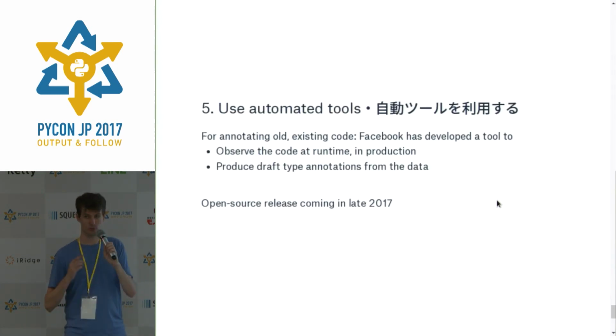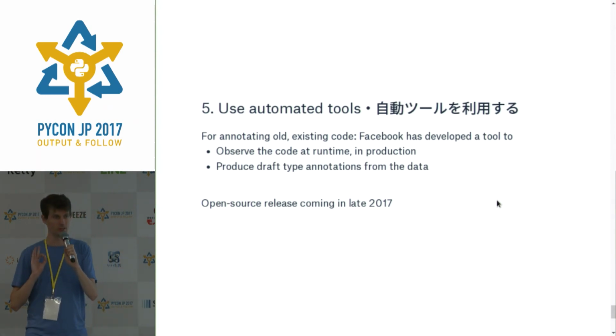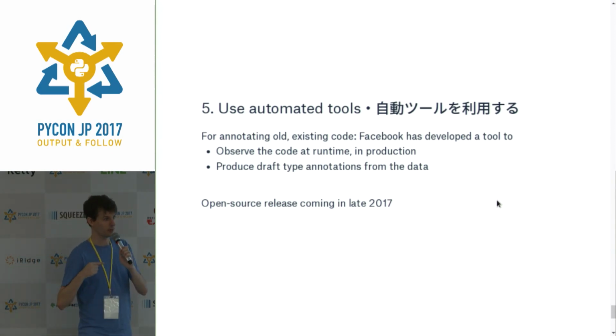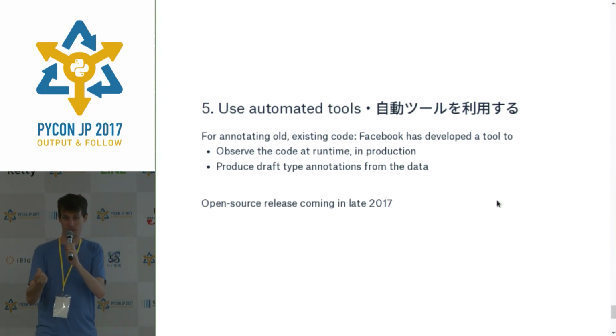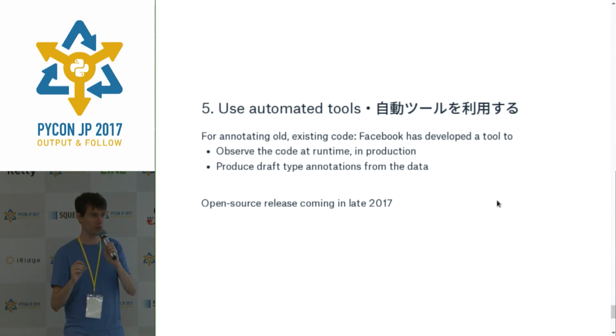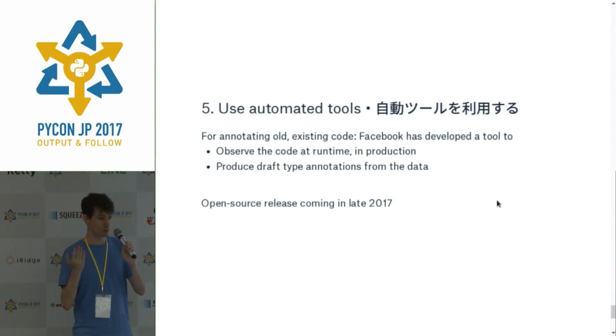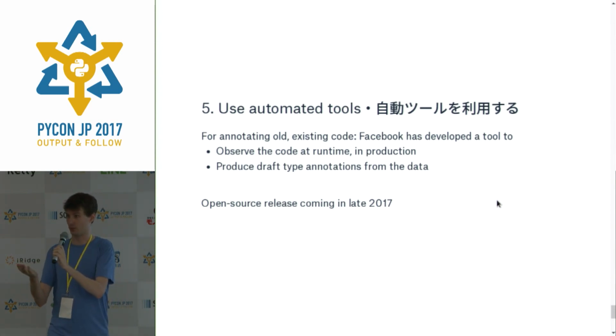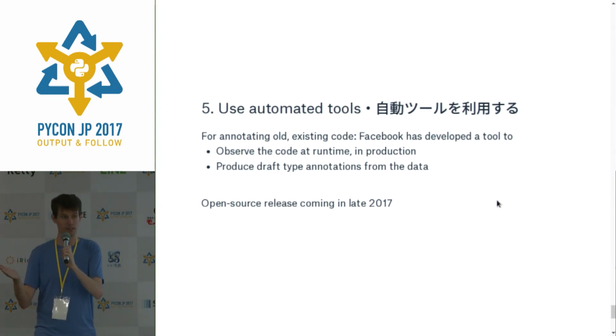And finally, this is coming soon, but part of how Facebook got so fast to such a huge amount of annotated code is they have built a tool that they actually run in production on a small fraction of requests whenever you touch Instagram or other Python code, that observes what types are used in real life empirically, and it logs that.